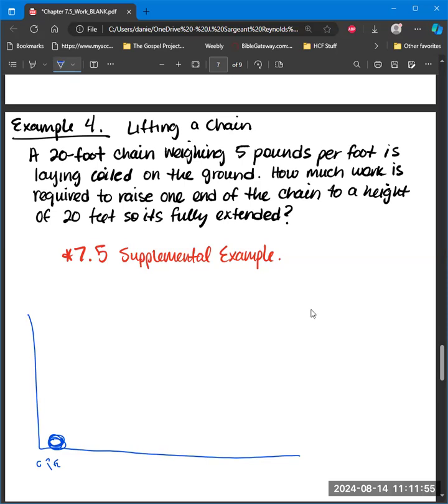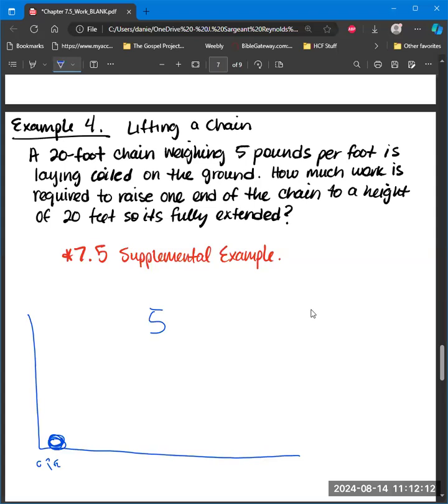So we have 5 pounds per foot. That's kind of our K. X is going to be our amount that we've lifted.